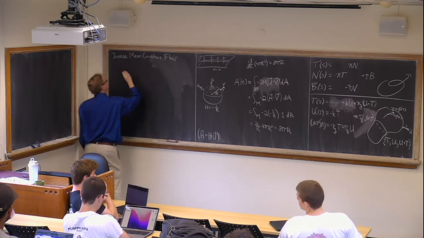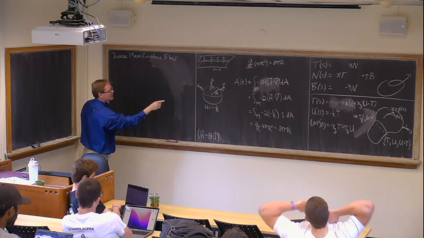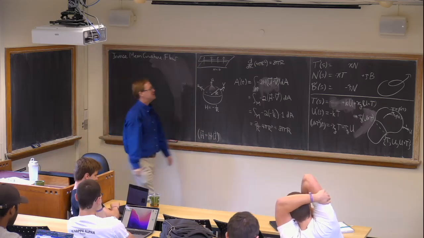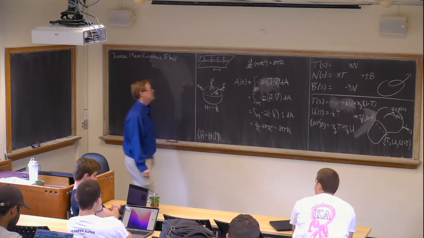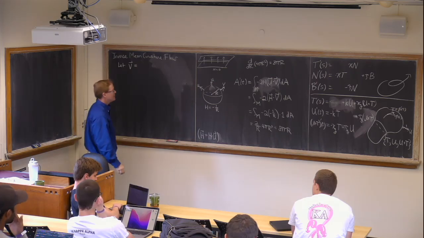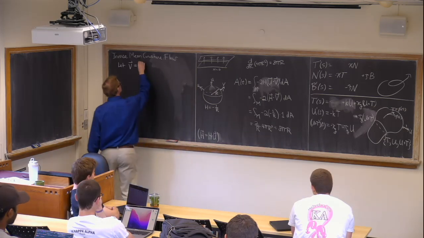That's where you say, you know what, let's let the speed u, so let's use this notation here. Now actually we have this vector v here. So let v be the direction you're flowing. Let it be the direction of the mean curvature vector.